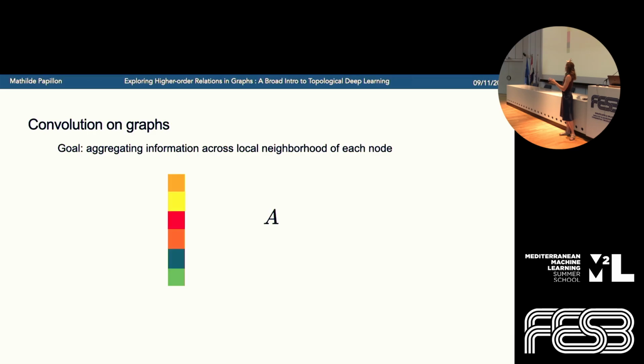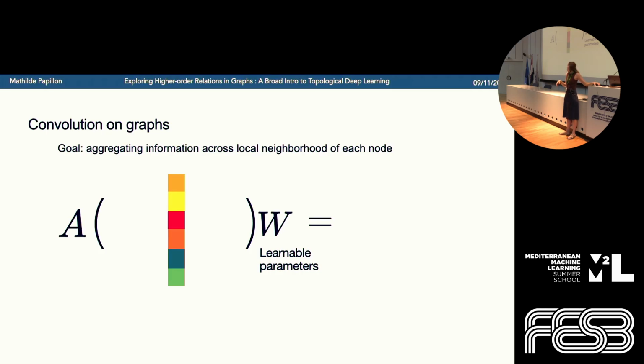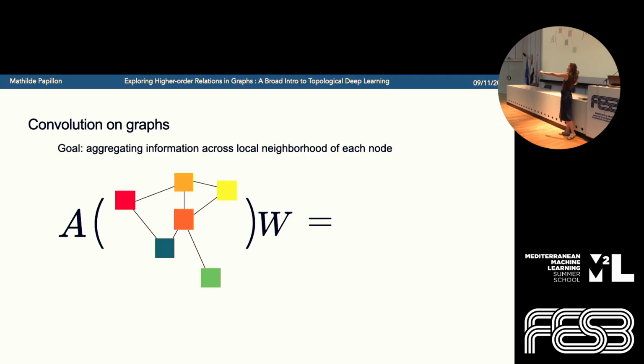Now let's sort of visualize what we're sending in here. We're sending in our node features, which is just like a stacked feature matrix, and our adjacency matrix. I propose that we do something like this, where we're going to multiply on each side of our feature matrix the adjacency matrix and a matrix of learnable parameters, W. Effectively, what the adjacency matrix is doing for us is selecting which nodes get to talk to which nodes, which effectively recreates the connectivity of the graph.